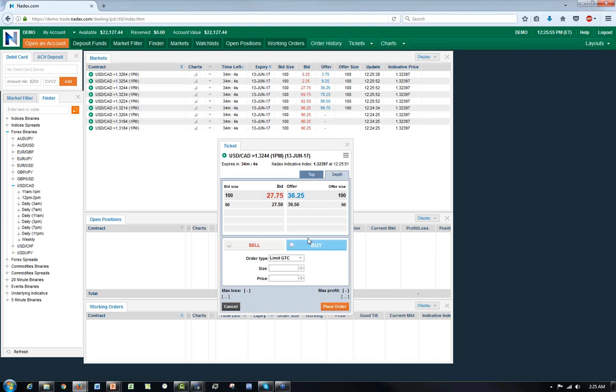Again, if you're not quite sure what the reward to risk is on this one, you can always populate the information and take a look at the maximum profit and maximum loss at the time of expiry. Because we don't have a lot of time to go and we haven't yet confirmed that this move is in through the pullback, we can actually look at this one.